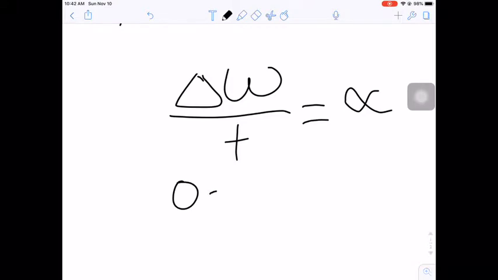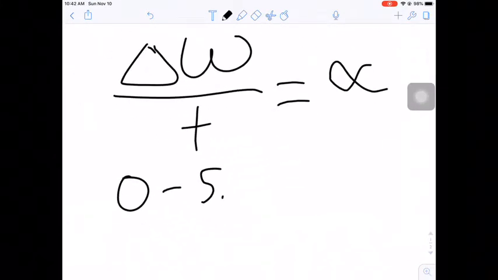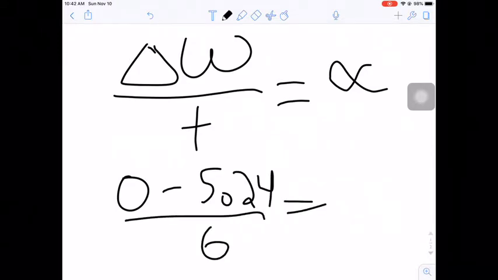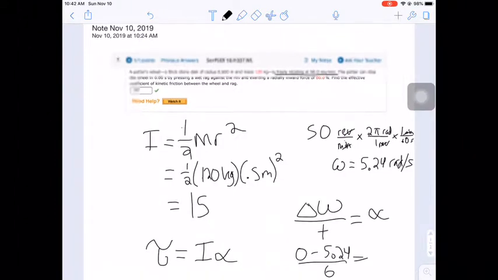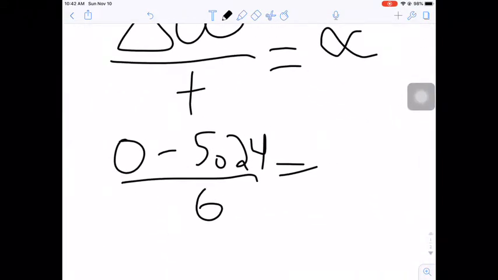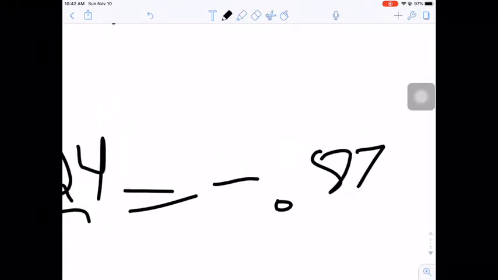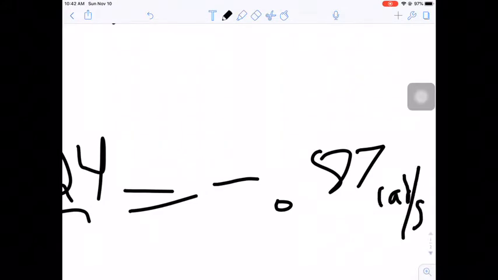So 0 minus the angular velocity we got up here, 5.24, over 6, since it gives us 6 seconds. That comes out to negative 0.87 rads per second squared.